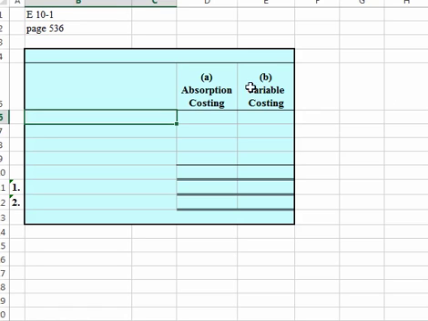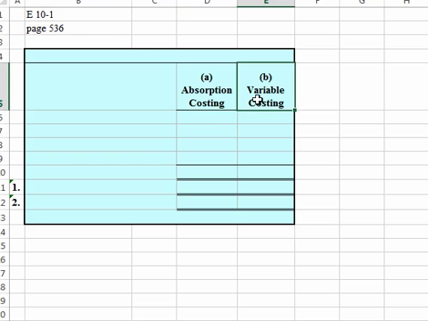Okay, we're going to look here in chapter 10 at absorption costing and variable costing. Now, it refers to what's included in inventory and eventually what's included in cost of goods sold. With absorption costing, we'd include all costs, both variable and fixed. So we would include direct materials and direct labor, which of course are both variable.